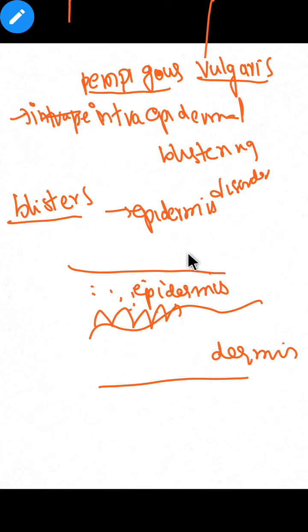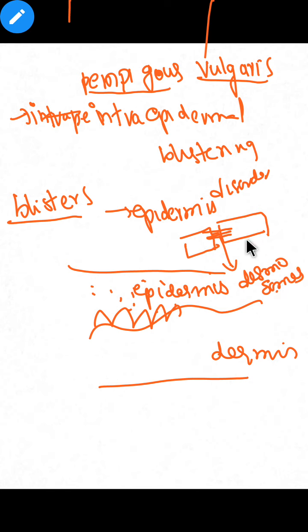If you take two adjacent cells, these cells are interconnected to each other by a connecting substance called desmosomes. So these desmosomes connect two keratinocytes present in the epidermis. Okay.